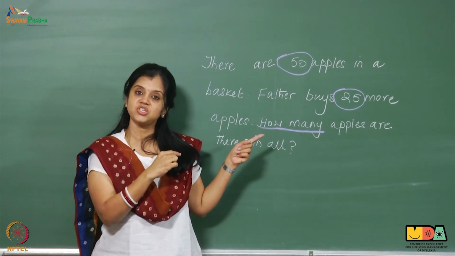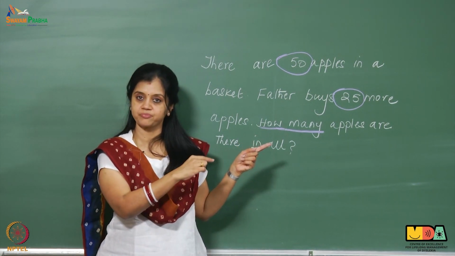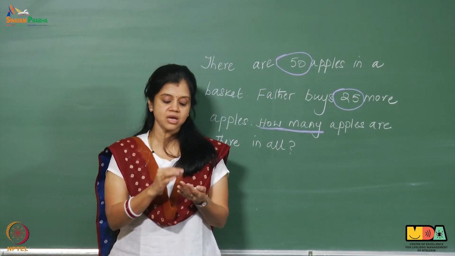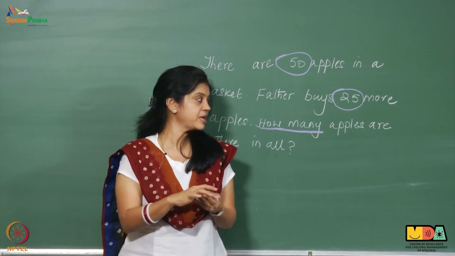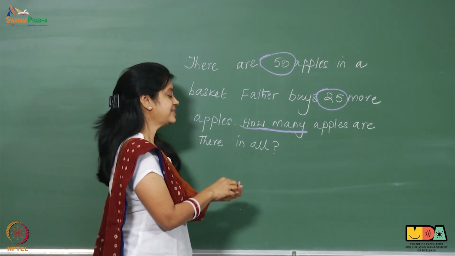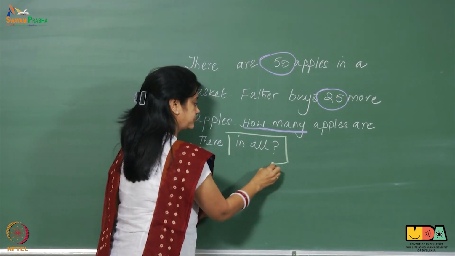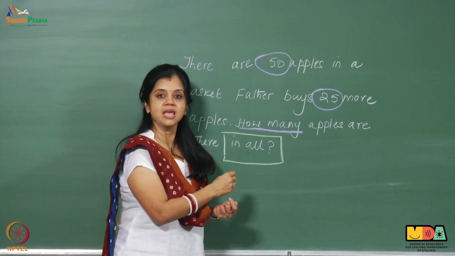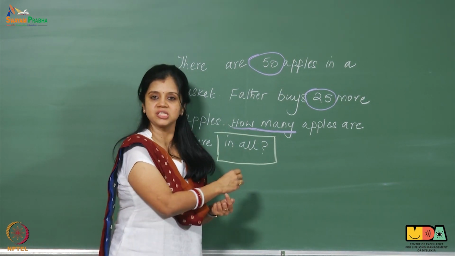That means the child will know that the statement will start with number of. The next one that they need to do is box the word that tells the child what is the operation involved. Now, if you look at it, the word that you see here is in all. So, they box it and they also put the sign. In all refers to plus. So, they need to put the plus sign just next to the box.